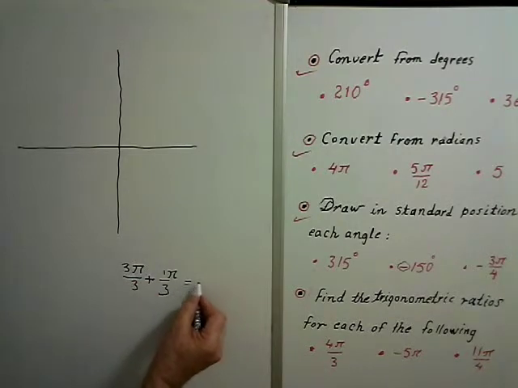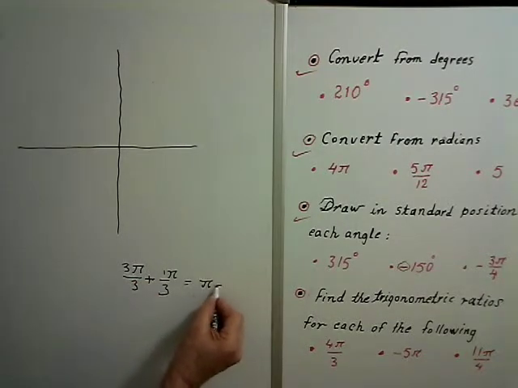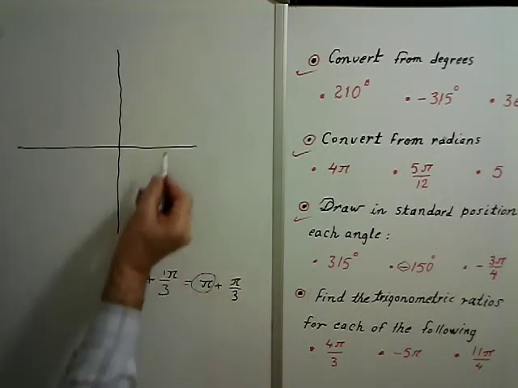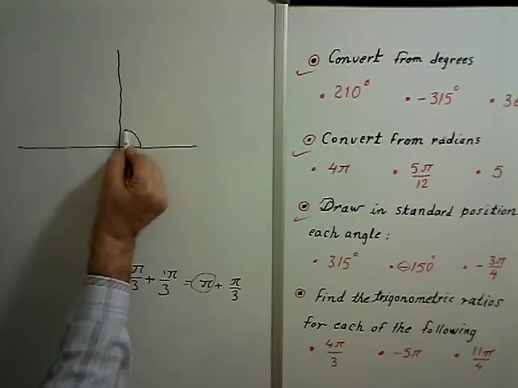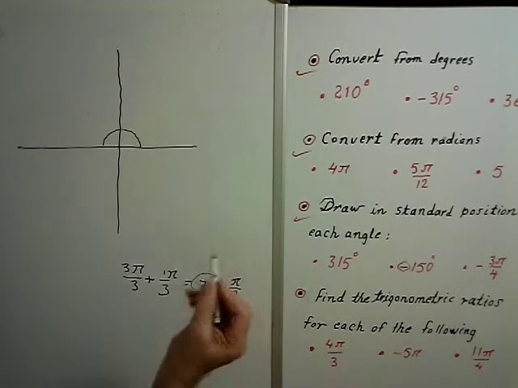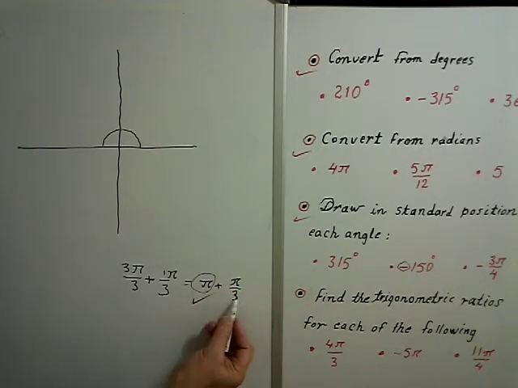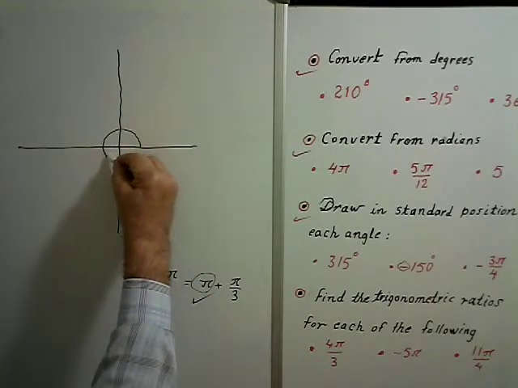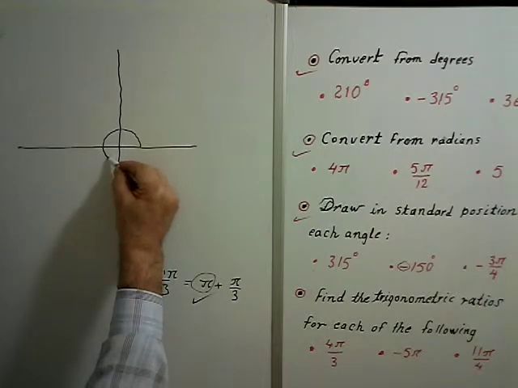That means 1 pi plus pi over 3. 1 pi means the first quadrant and second quadrant, 2 quadrants, that means 1 pi. And there is pi over 3 also. So we keep going, pi over 3, that means till this point.